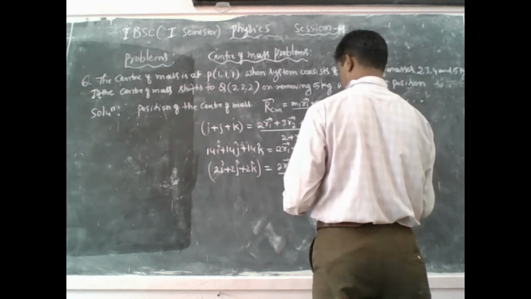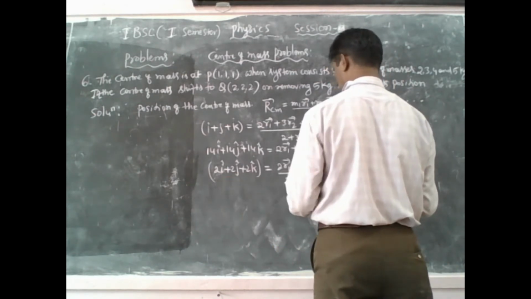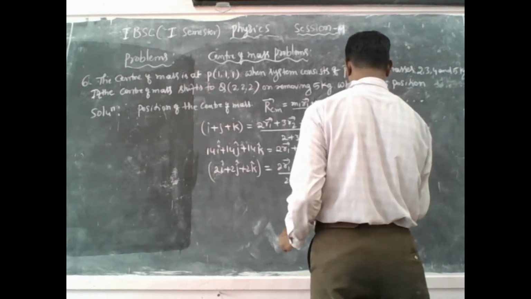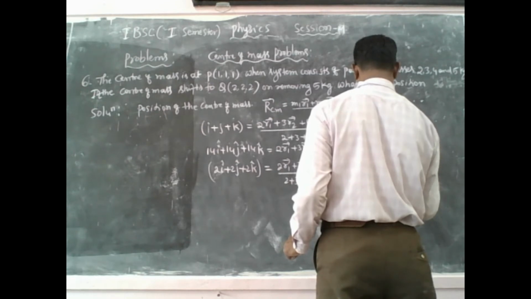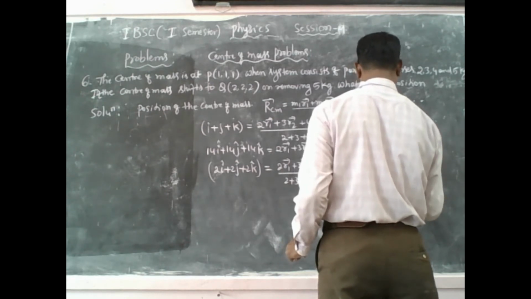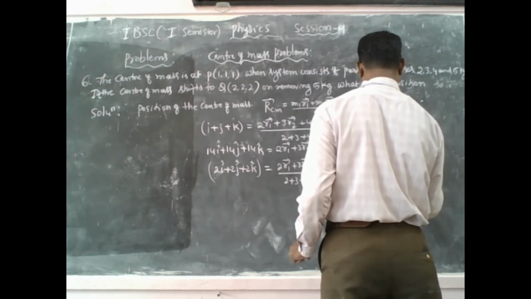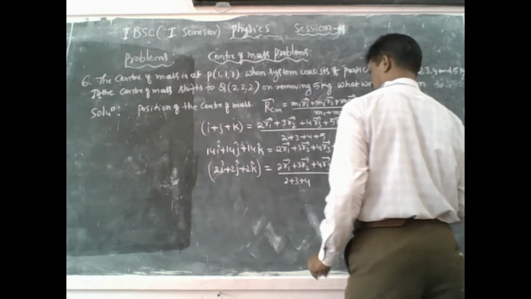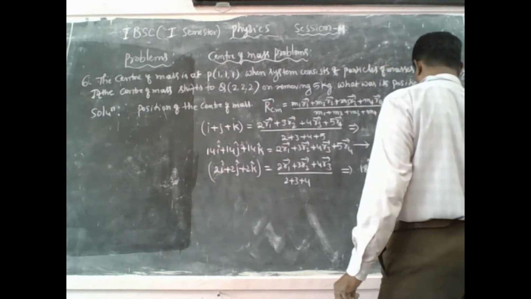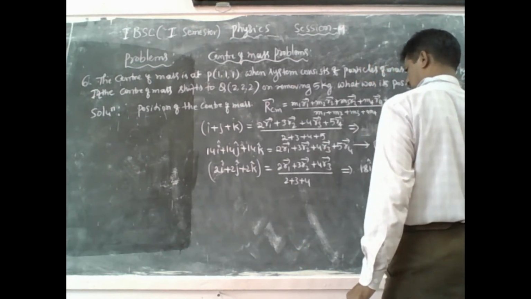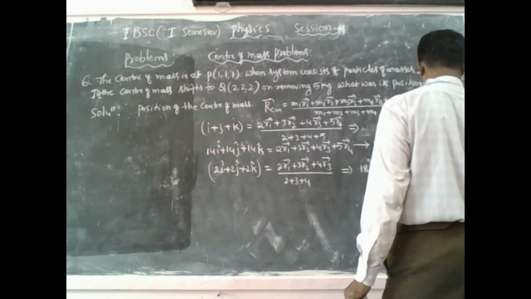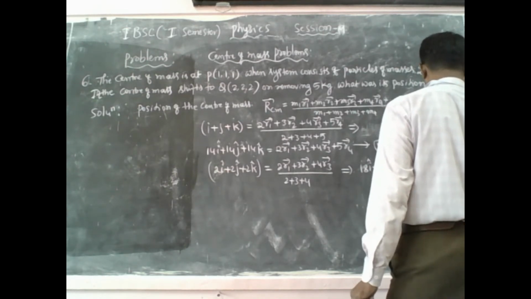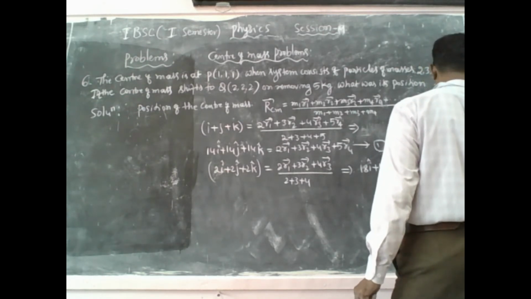Therefore 9 into 2 equals 18. 18I plus 18J plus 18K equals 2R1 plus 3R2 plus 4R3. So this is equation number 2.